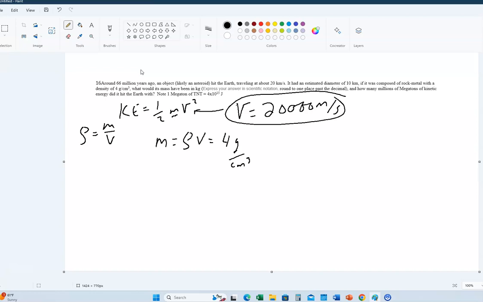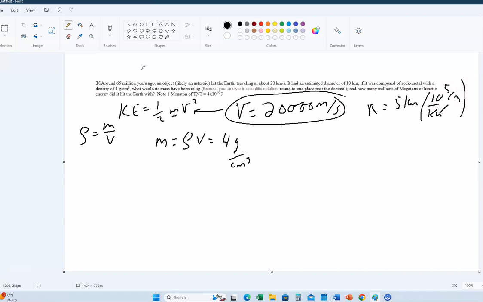The volume, if this thing is spherical and round. So let me do this up here. If the radius of this thing is 5, half the diameter is 5 kilometers. Do you remember when you convert, one kilometer is 10 to the 5th centimeters.